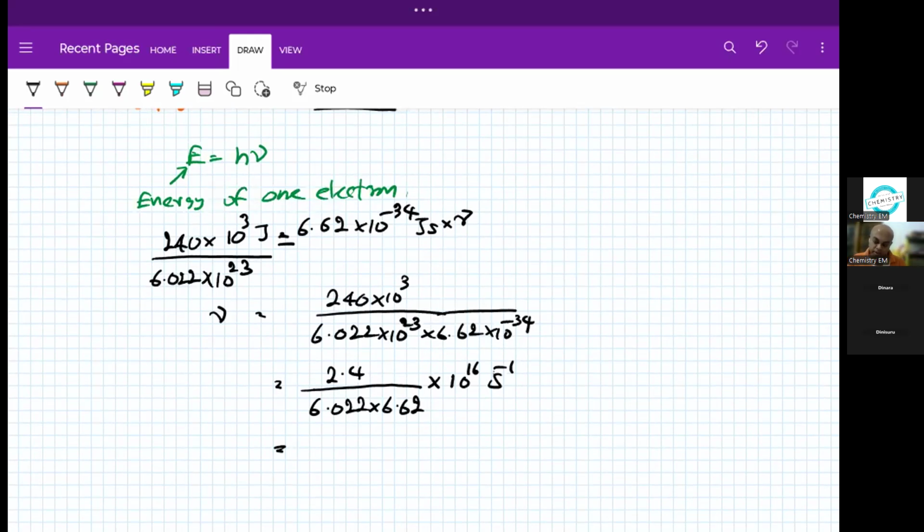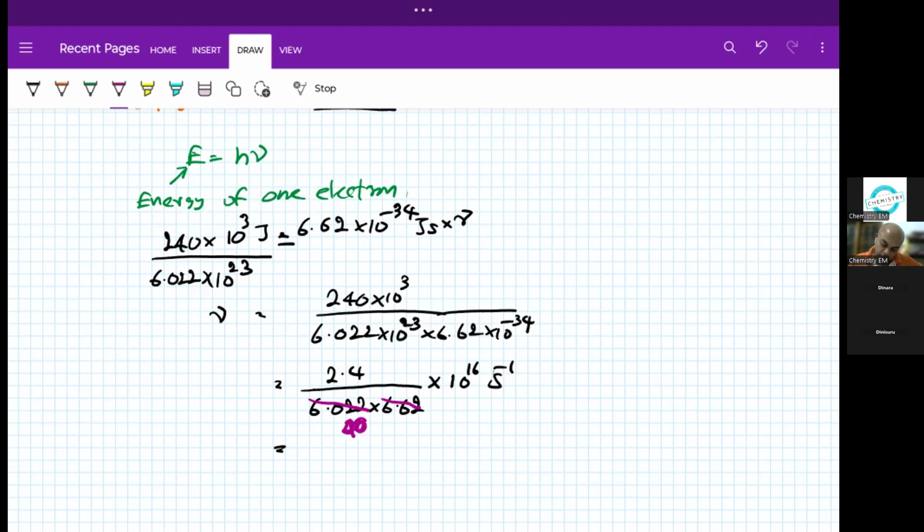2.4 and 6. This is 0.4. Roughly, let's think of it this way. This one is 39, or let's say 40. 2.4 divided by 40.